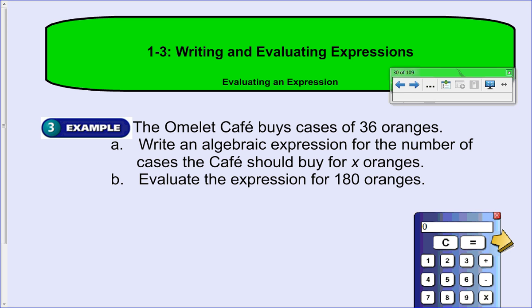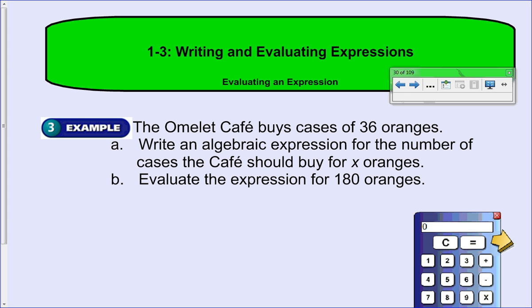All right, so hopefully you had a chance to solve this. A, write an algebraic expression for the number of cases. This is where it gets tricky because you might want to put 36 times X or something like that. But we really need to know just how many cases you'd end up with if you bought X oranges.